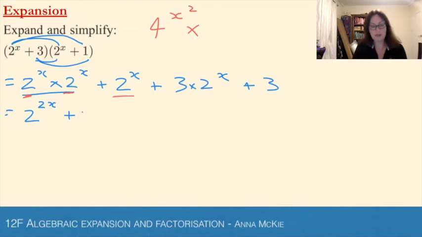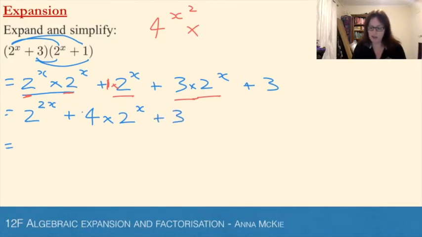This is 2 to the power of x, and this is 2 to the power of x. So there's one lot of it here and 3 lots of it here. So we're actually going to collect like terms by adding them together to give you 4 lots of 2 to the power of x. That's going to take a while to get your head around, but that's the skill that you're going to need for doing this type of maths.